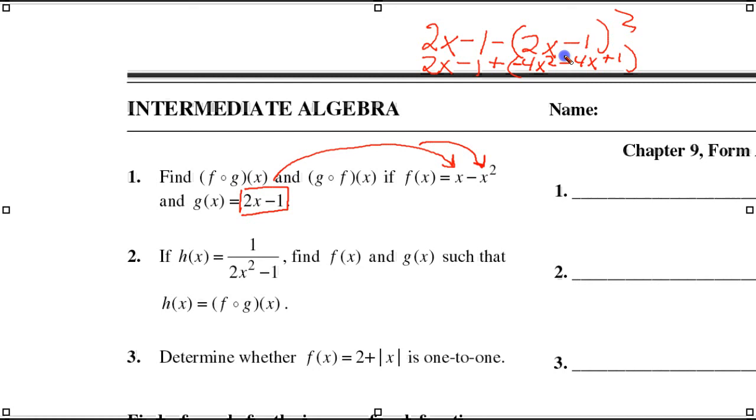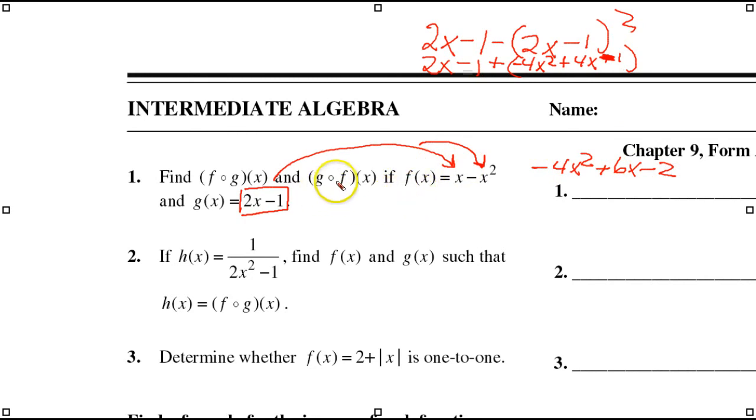That'll become negative, that becomes plus, and this will become minus. And we can take away the parentheses. So we have here then a negative 4x squared plus 6x. This 4 and the 2. A negative 1 and a negative 1 gives me a negative 2.